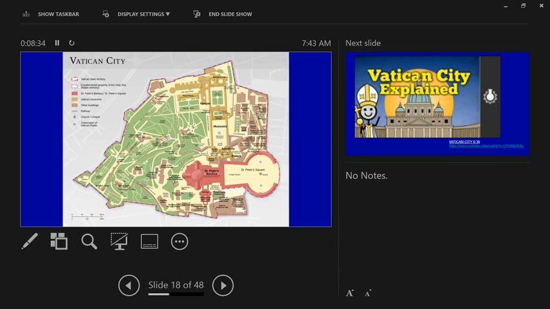And here's a closer view of Vatican City. The main thing that I want you to know is that here is St. Peter's Basilica. We talked about Old St. Peter's during last semester, and this is New St. Peter's. So Old St. Peter's was falling apart after almost 1,000 years.